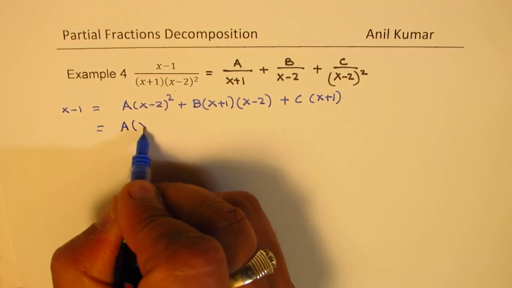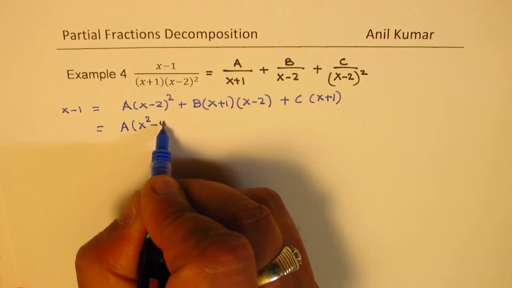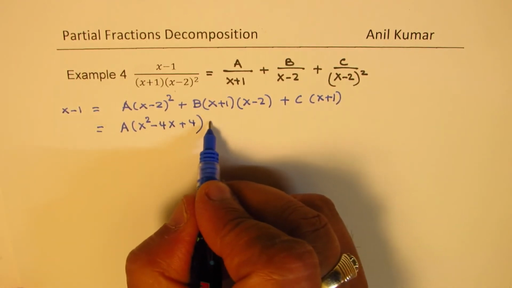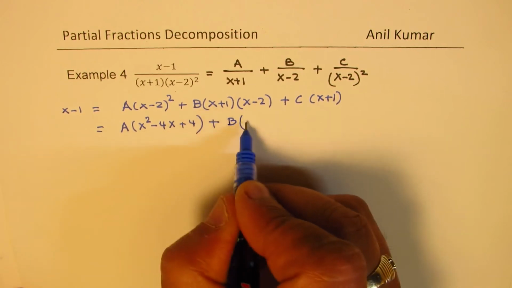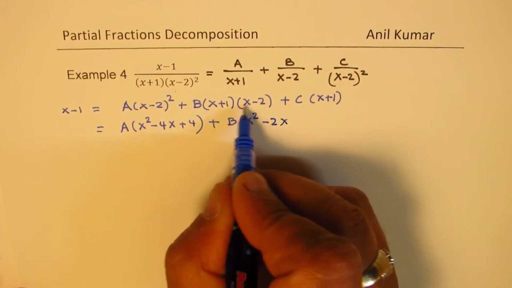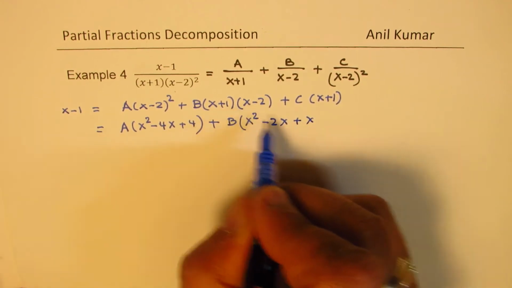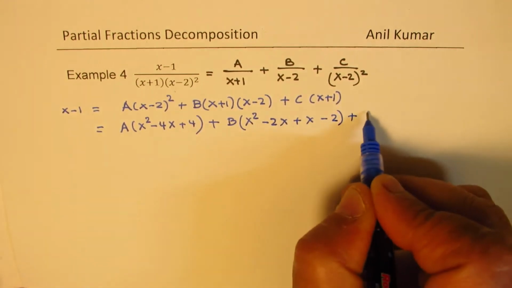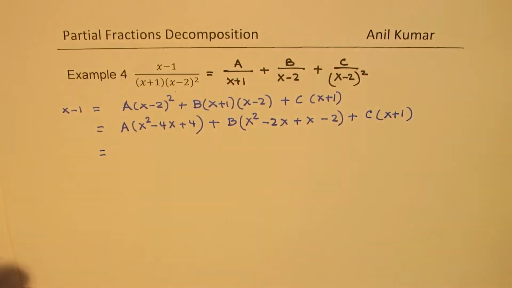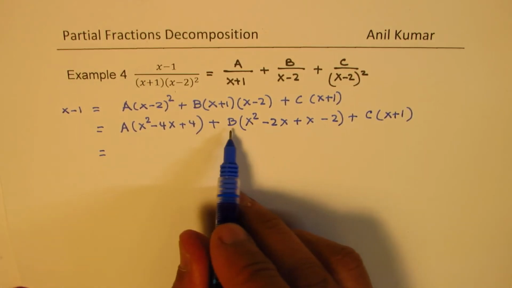We get a times x square minus 4x plus 4. Here we get plus b times x square minus 2x plus x minus 2 plus c times x plus 1. Clear?